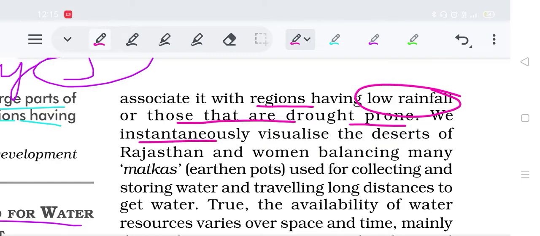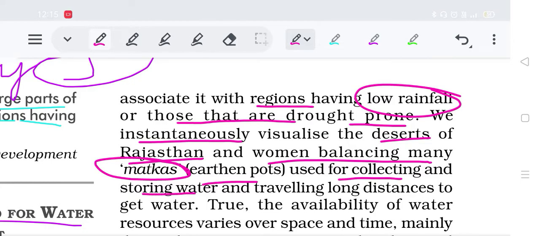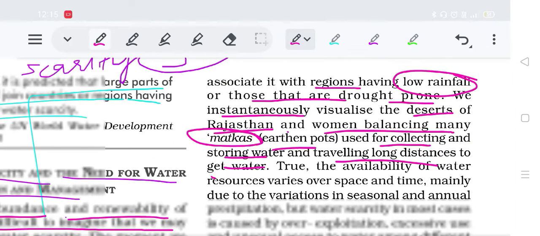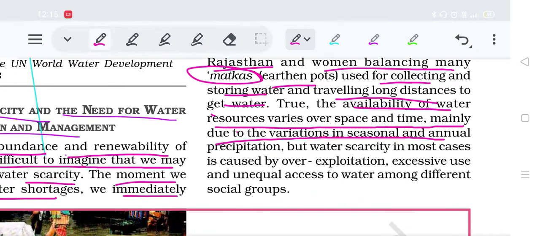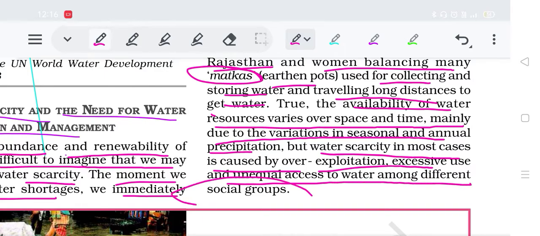We instantaneously visualize the deserts of Rajasthan, women balancing mud pots, earthen pots used for collecting and storing water, traveling long distances to get water. True availability of water resources varies from place to place and time to time due to variation in seasonal and annual precipitation, but water scarcity in most cases is caused by overexploitation, excessive use and unequal access.